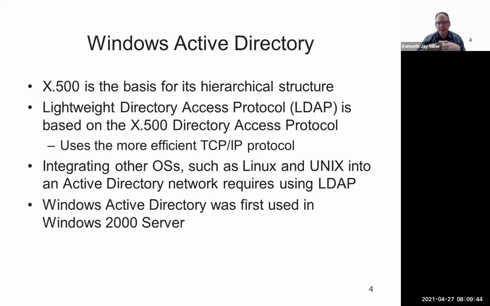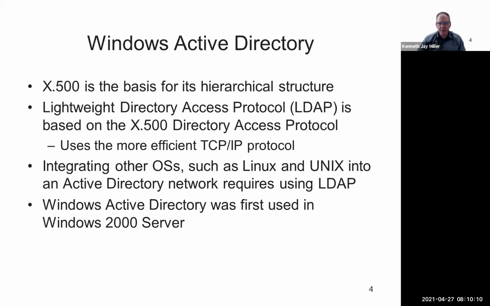And it was based on an earlier protocol that was used in the Unix systems known as the X400, then the X500. And Windows incorporated LDAP in its early server systems before it completely switched to Active Directory in 2000.